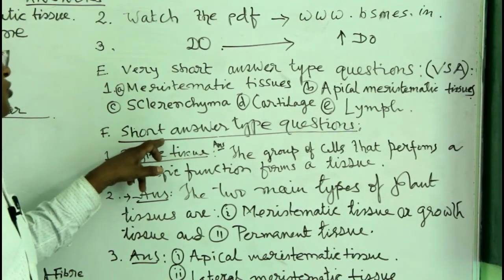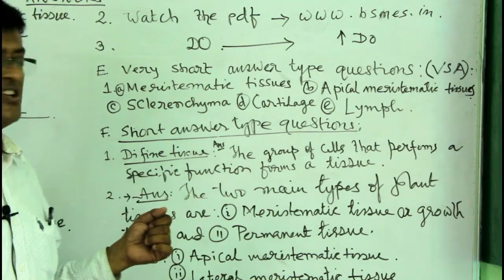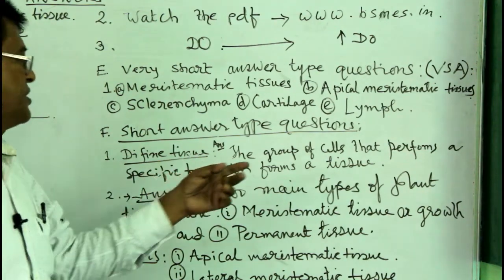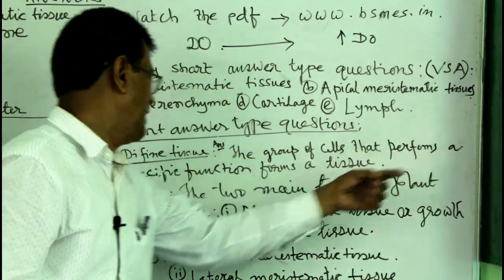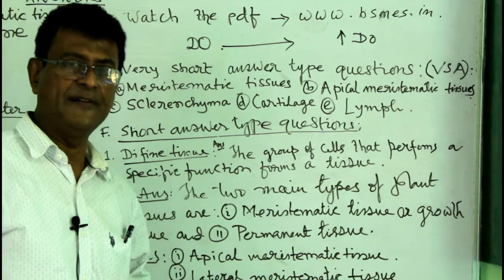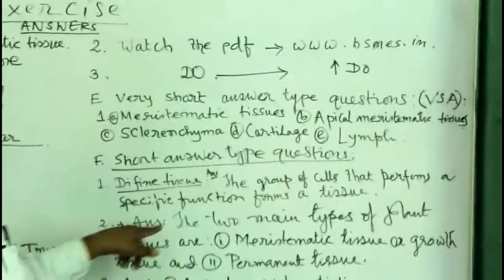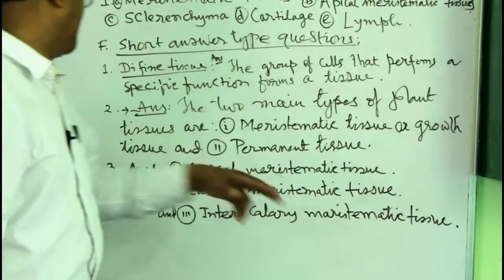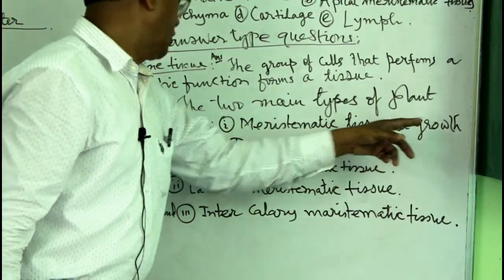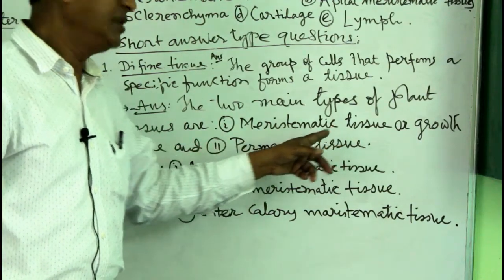Now, the short answer type. In short answer type, the question is a definition. There you find the definition of tissue: a group of cells that perform a specific function forms a tissue. While for question number 2, the answer is: the 2 main types of plant tissues are number 1, meristematic tissues or growth tissues, and number 2, the permanent tissues.